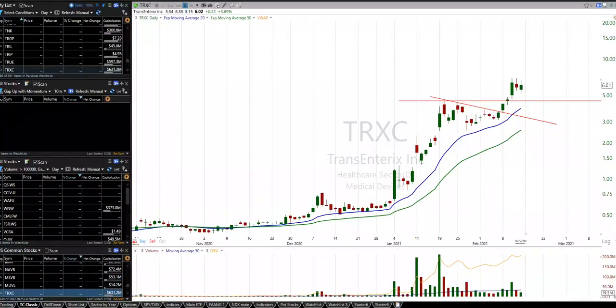For example, here we bought TRXC. I bought it at 5 1/4, stop 4.50. If you look at the original range, it probably says buy between 5 and 5.50. If a stock trades back into the original range, then what I suggest you do is you ask me, what do you think? Can we buy this at a pullback?